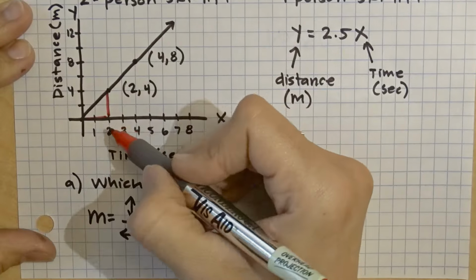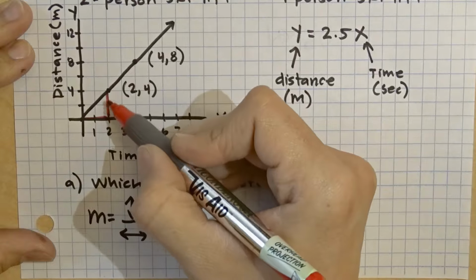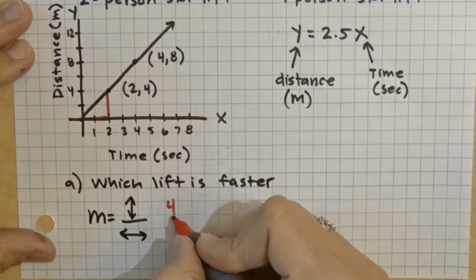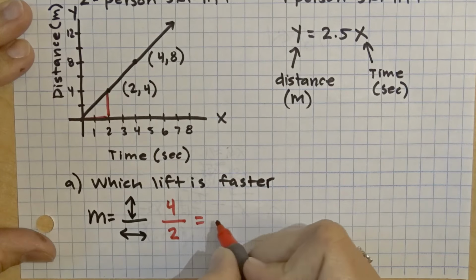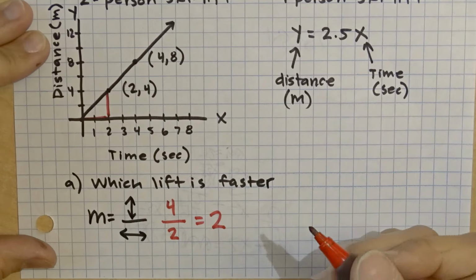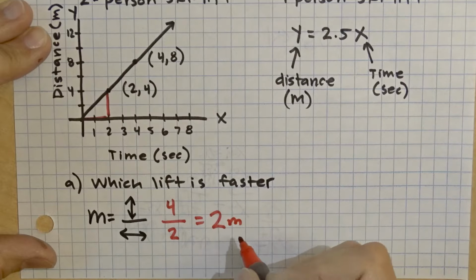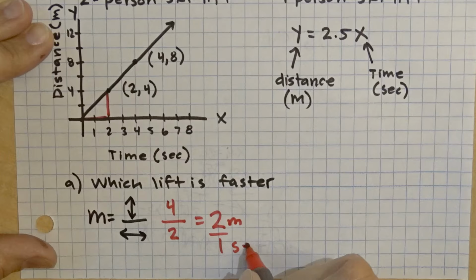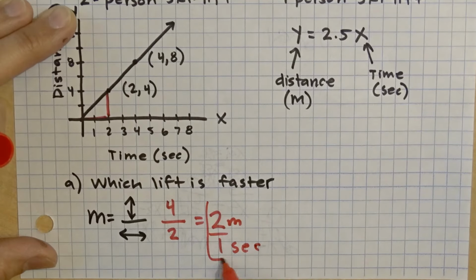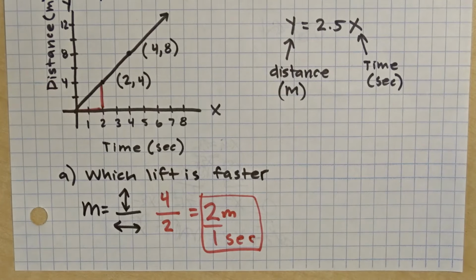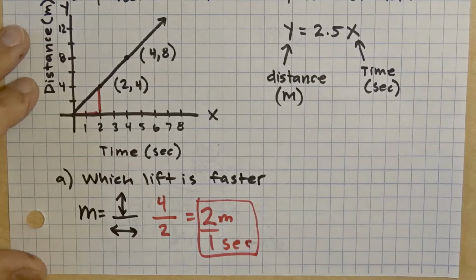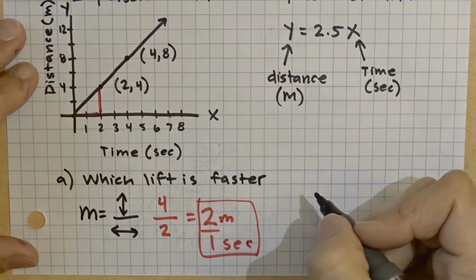So I see that my vertical distance here is 4, and my horizontal distance here is 2, which means it's 2. So it's 2 meters for 1 second. So 2 meters per second, that's the rate for the 2-person ski lift.